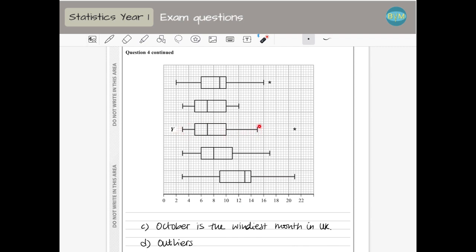This one, the one that we are interested in, has a larger range, so the values are more spread, and it has an outlier that is going to influence the mean. Remember, when I find the mean, I add all the values, so this outlier will be included, which means it will bring my mean slightly higher.